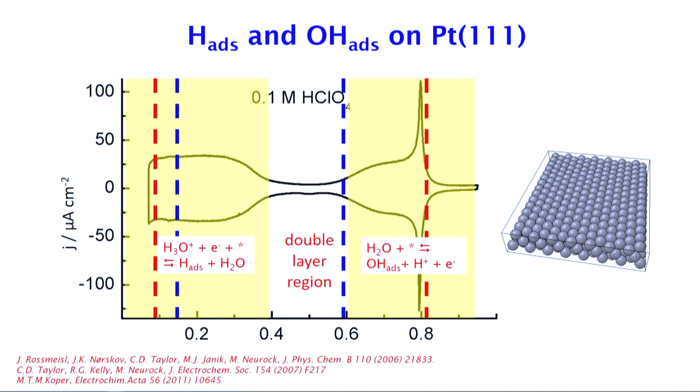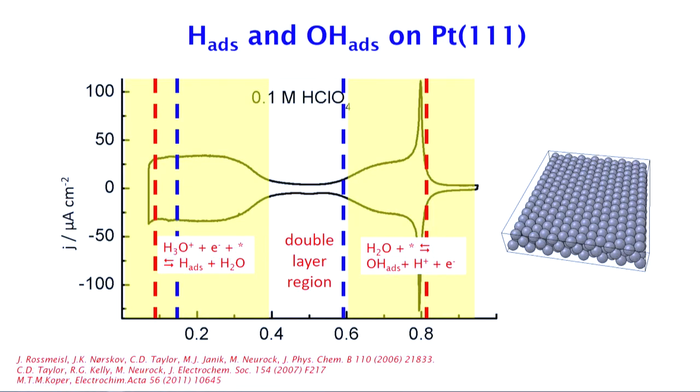We can convert that into a corresponding potential, and you see that that agrees quite well with experiments. So we can predict where we expect to form adsorbed hydrogen, where we predict adsorbed OH, and that basically means that we can calculate potentials where we expect certain surface intermediates, and then we can compare that to the voltammetry or to what we see experimentally, and then we can conclude whether we think this is a reasonable interpretation or not.